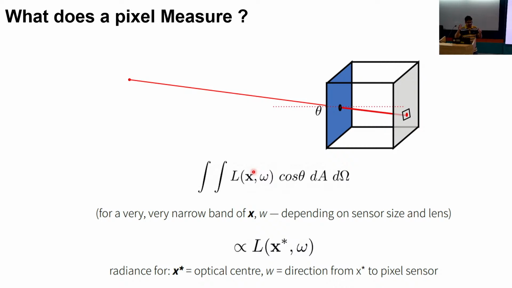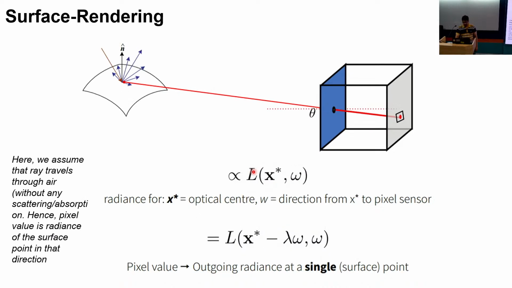Modeling scattering and other such things becomes even more challenging. If you are interested, you can read more about it, but people are still solving it. For example, if you have fog or a water medium, how can you model such things? Okay, so this is one assumption.